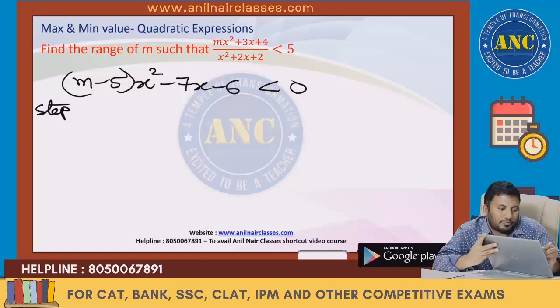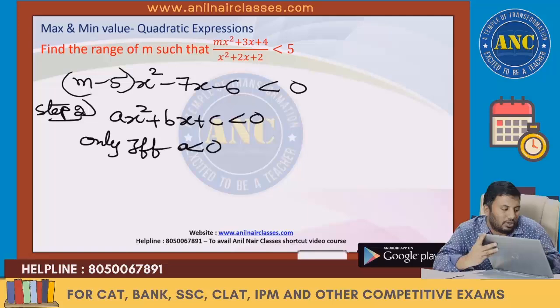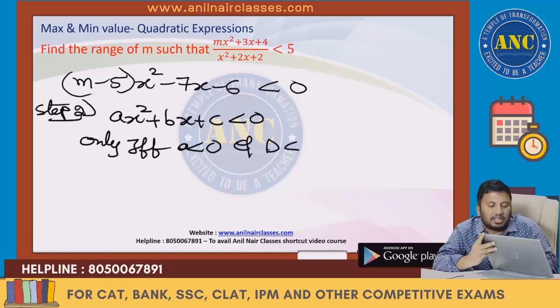Just now we discussed that ax square plus bx plus c is less than 0 only if a is less than 0 and d is less than 0.